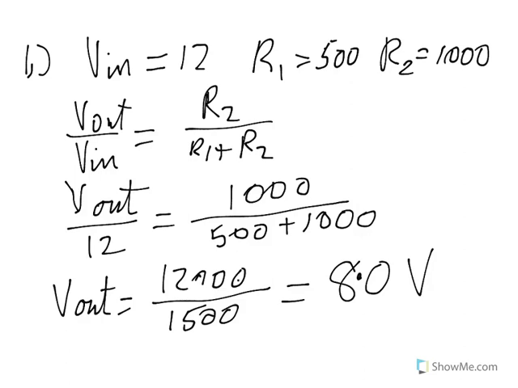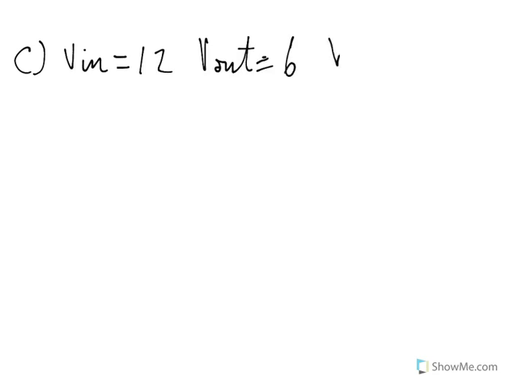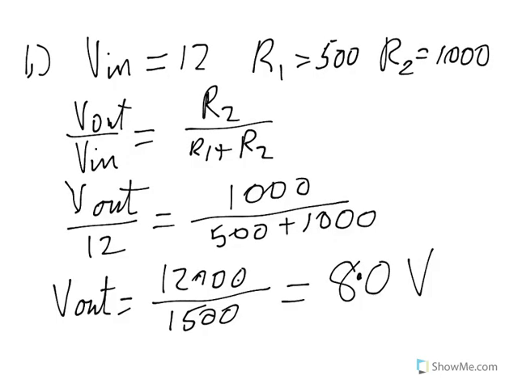Alright, part C, let's go back, see what part C's got to say. Part C says, what is the value of the variable resistor? Light intensity of 0.1 lux and V out is 6. So for part C, we've got V in is 12 still, V out is 6, not V, but R1 is what we're after, and R2, that's our light dependent resistor.